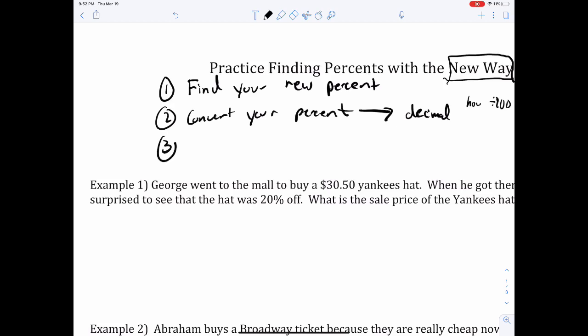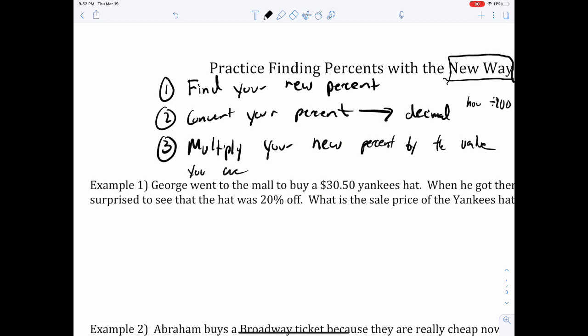Then your third step will be to multiply your new percent by the value you are taking the percent of. So if you want 30% tax on a $40 shirt, whatever it might be, that's what you would multiply.